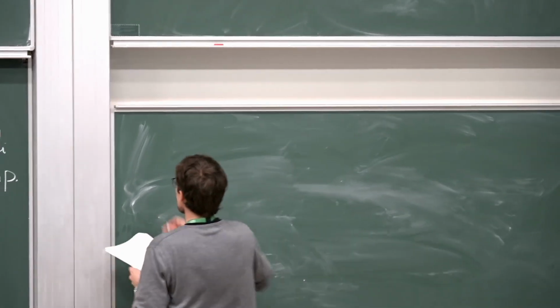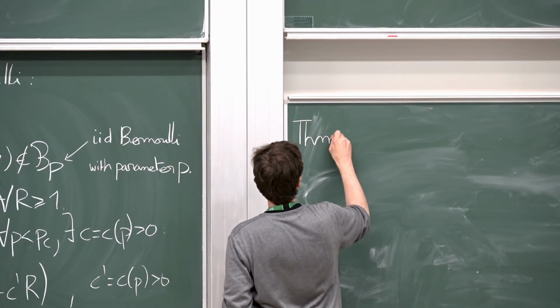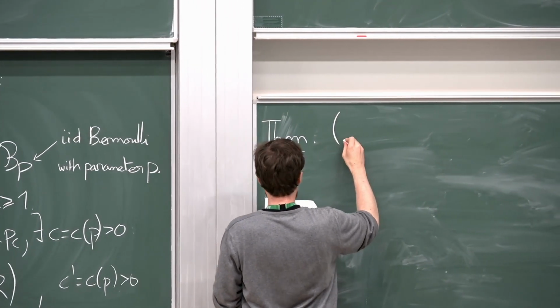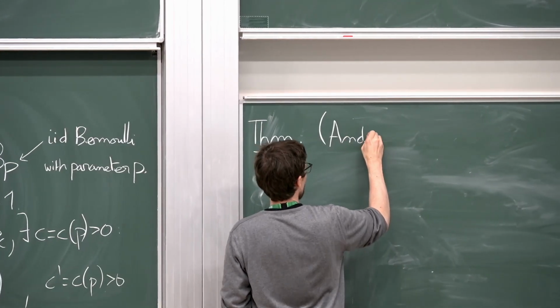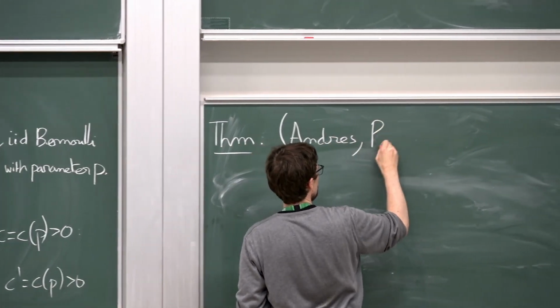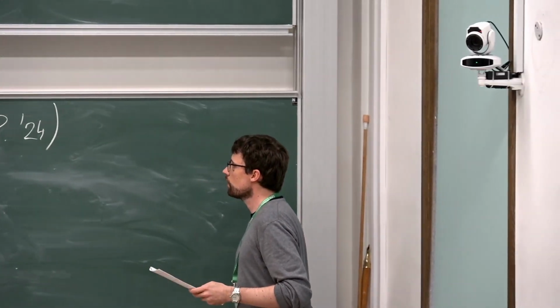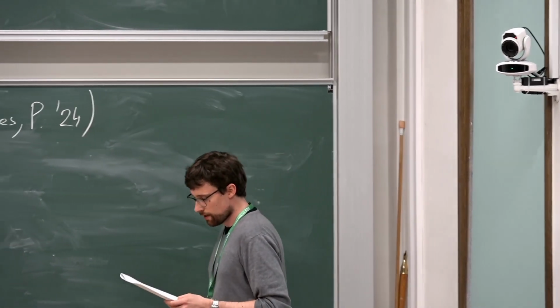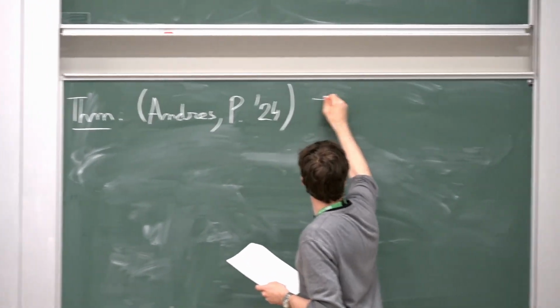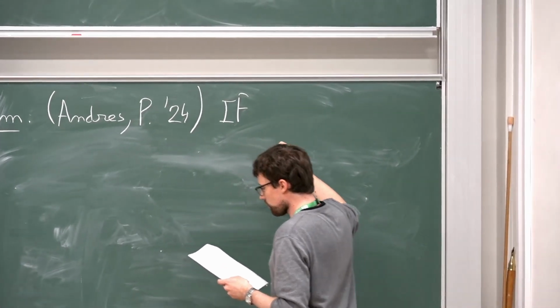And so the theorem is the following. This is joint work with Sebastian Andres, that we worked on while we were in Cambridge, so it's a pleasure to present it here. The theorem says the following.